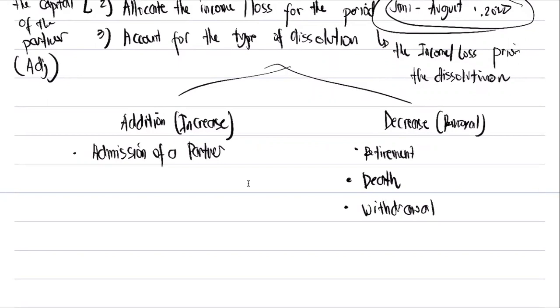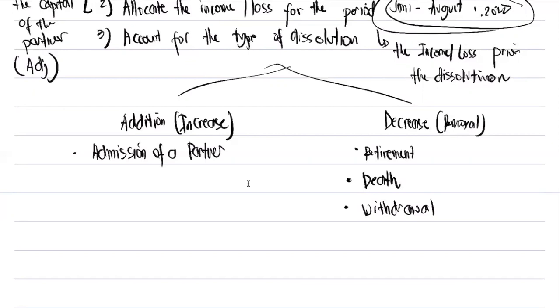Okay, so what is retirement? Retirement happens if ever you reach a particular age and then you decide to retire out of the business. Death is if ever one of the partners died. Withdrawal is if one of the partners withdrew from the partnership business.